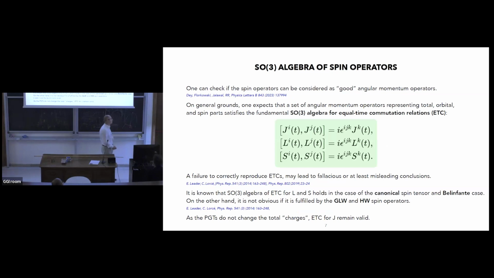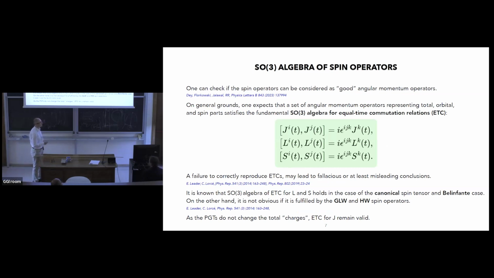Okay, one of the ways to address this question is to ask whether the total angular momentum operators which you can construct for these parts of the angular momentum, for the total, for the orbital, for the spin, satisfy the SO(3) algebra for the equal time commutation relations.